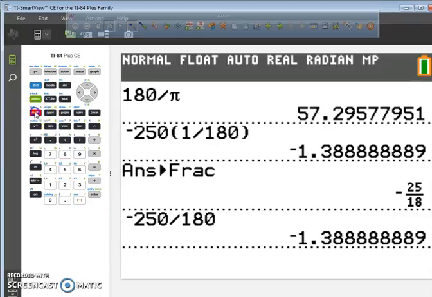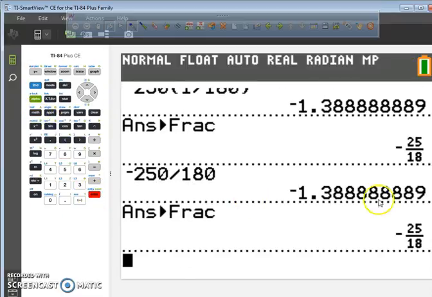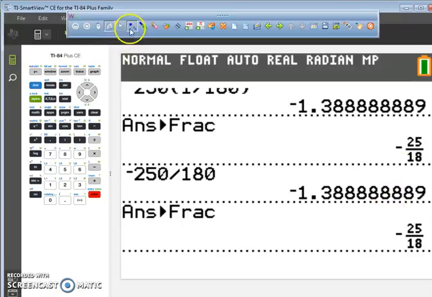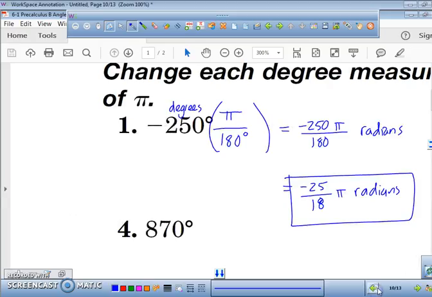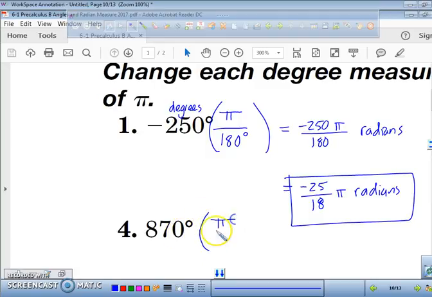And you still get the same answer. Okay? If you attach the pi next to it, you're going to get an approximate value, not an exact answer. Okay? So, let's look at 870 degrees. What are we going to do? Multiply by pi over 180.